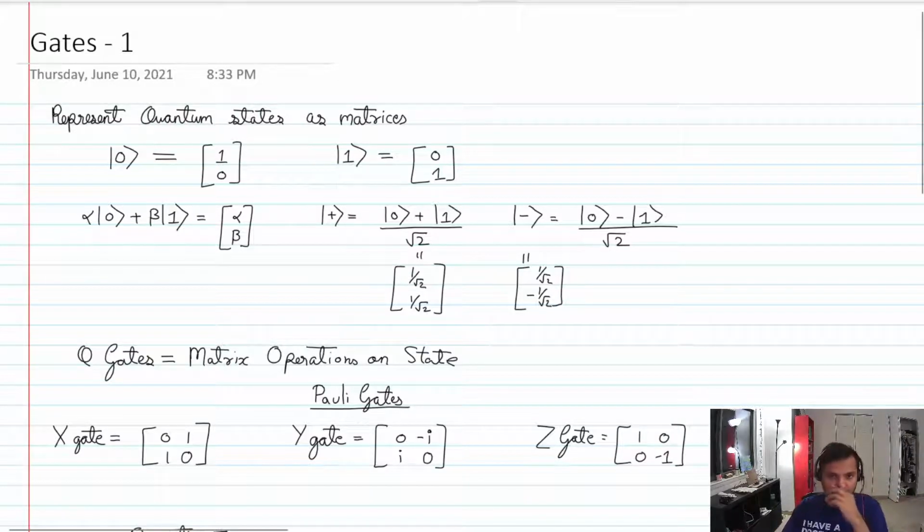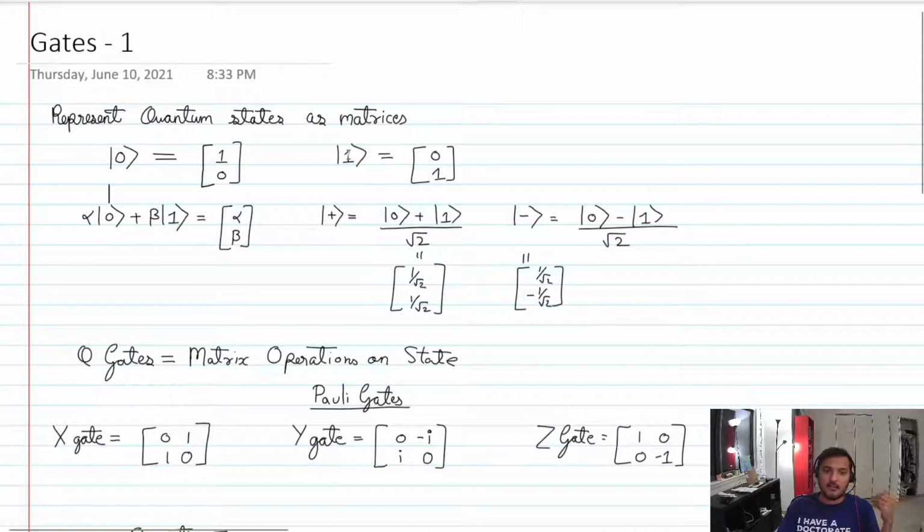Great. So first of all, let's look at this. Any quantum state, you would mathematically represent as a matrix. So the state 0 can be represented as this 2 by 1 matrix, where the first entry is 1 and the next one is 0.